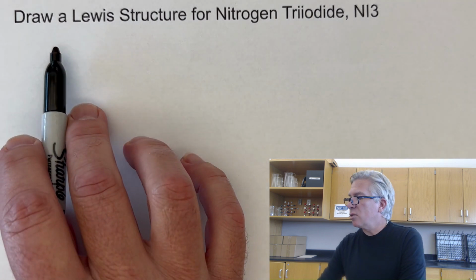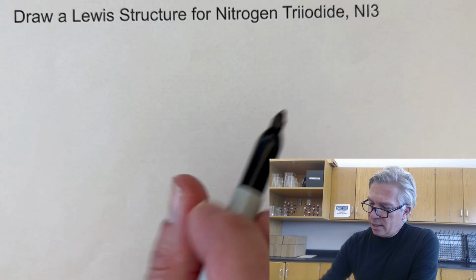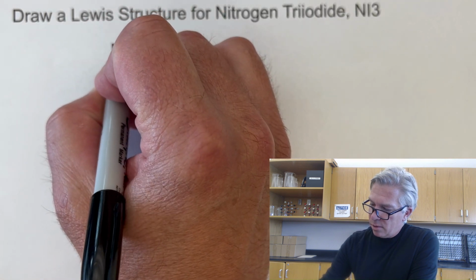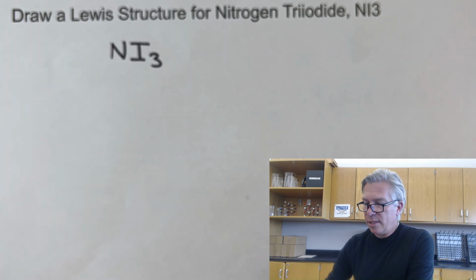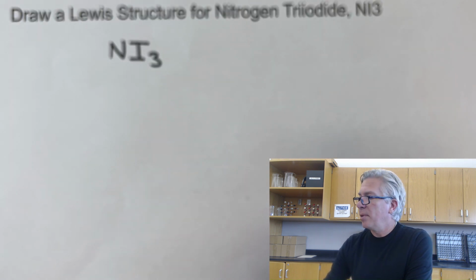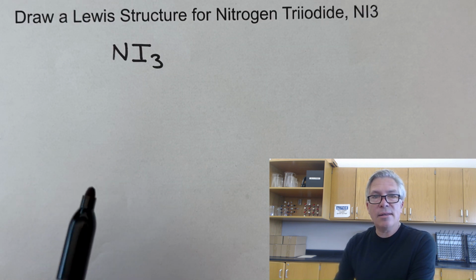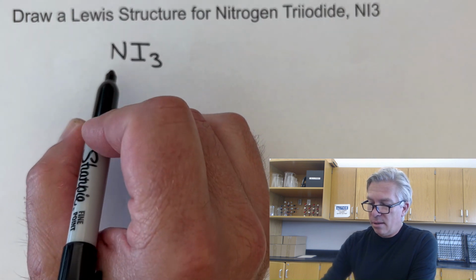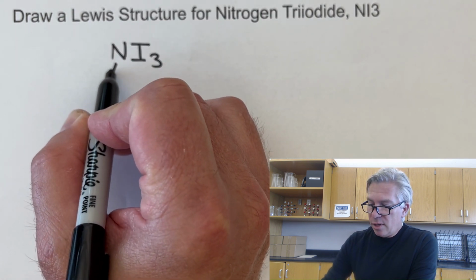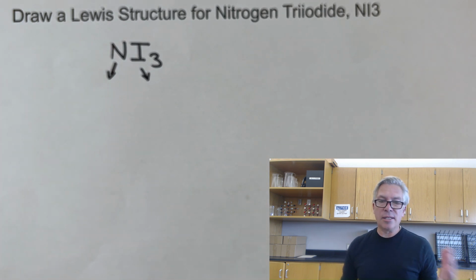So when you're drawing a Lewis structure for a molecule, you first want to look for its chemical formula, and I just like to write it as a way to separate it on my paper so it looks good. And then the first step is to add the number of valence electrons each of these atoms has. You would do that by looking at the column of the periodic table that it's in. That's the easiest way.